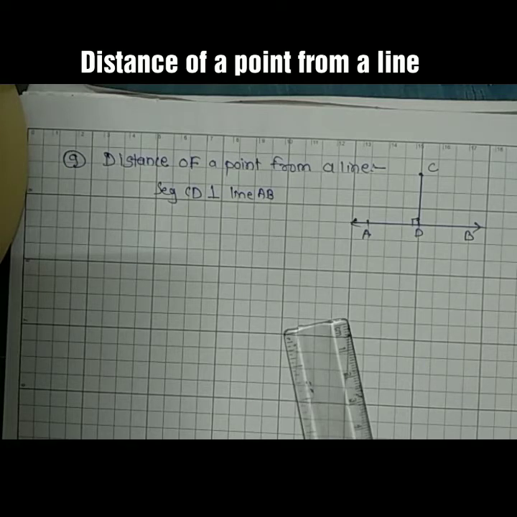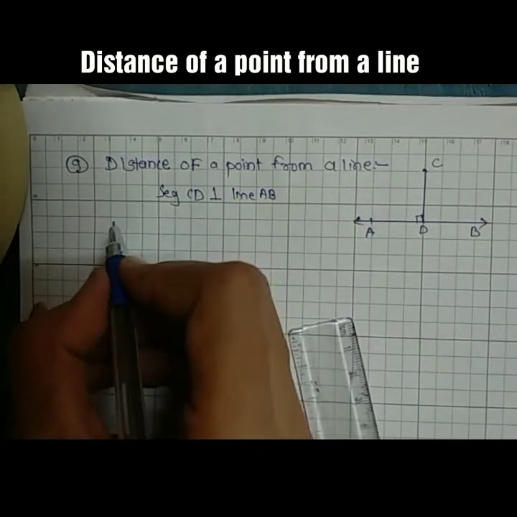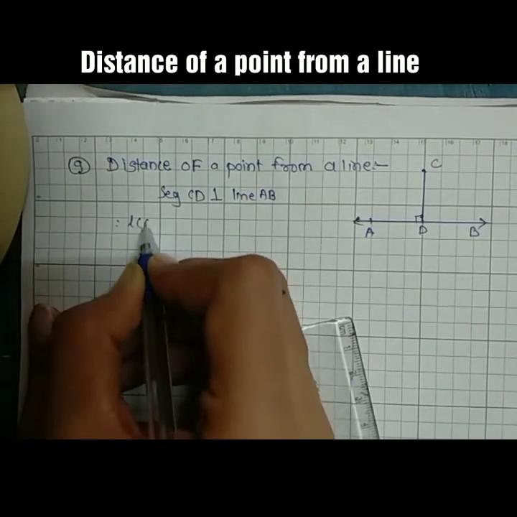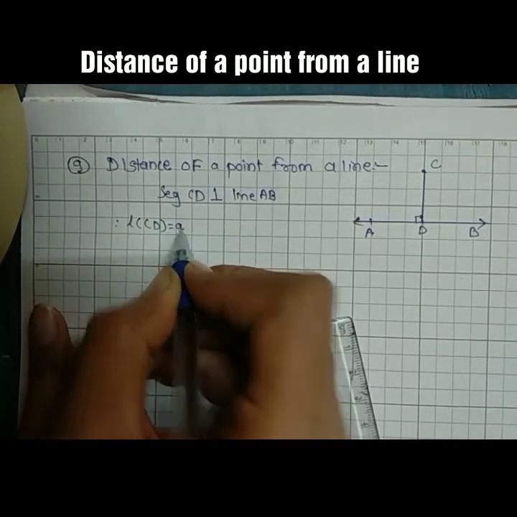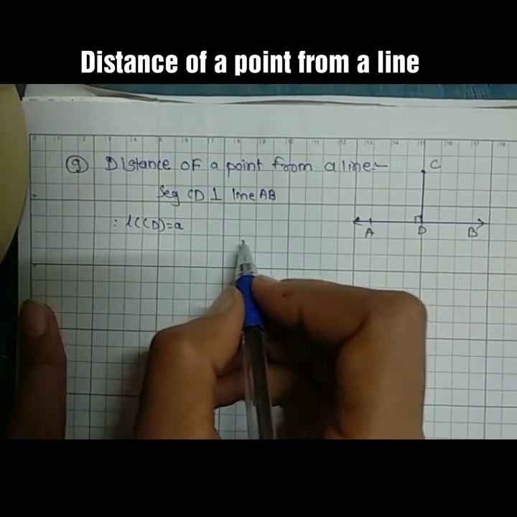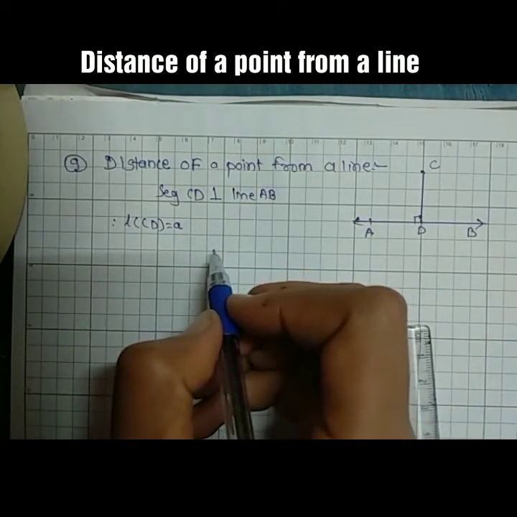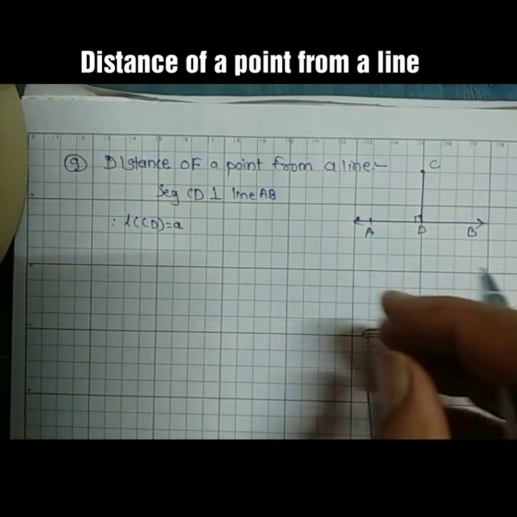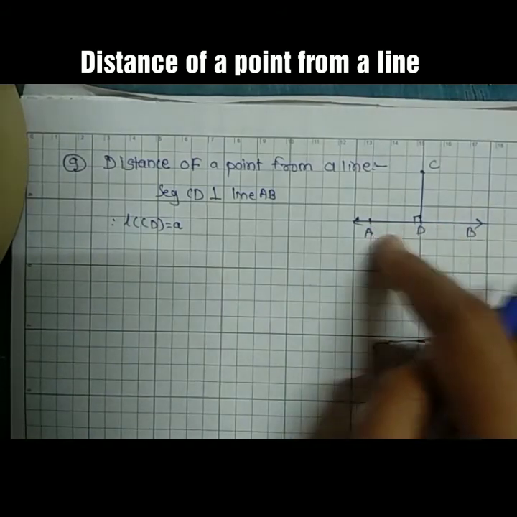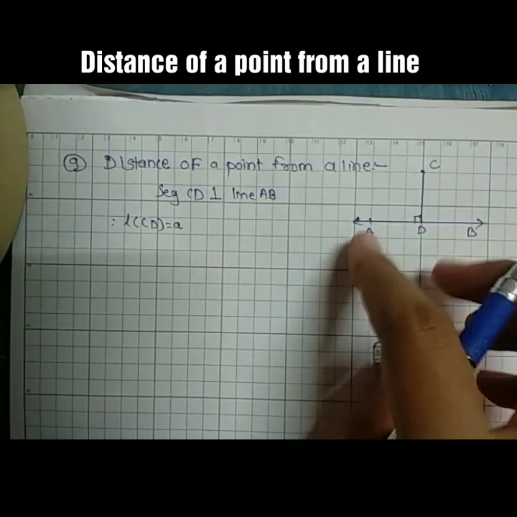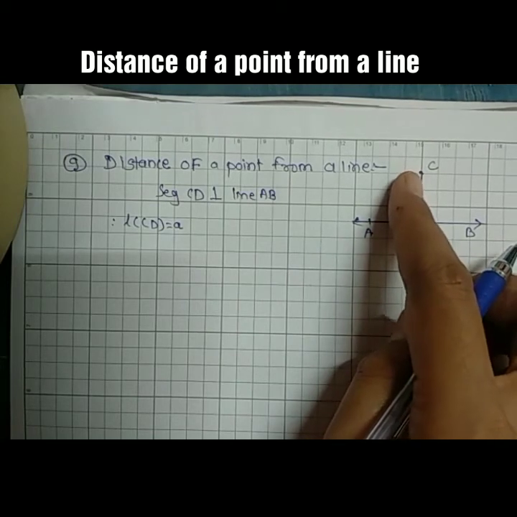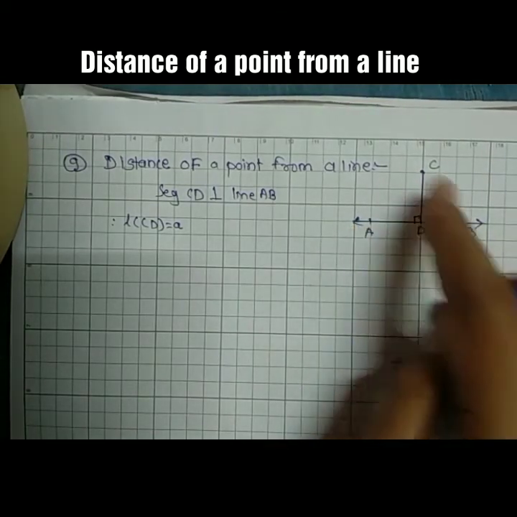The point D is called the foot of the perpendicular. It means, suppose the length of CD is equal to a, then point C is at a distance a from line AB.